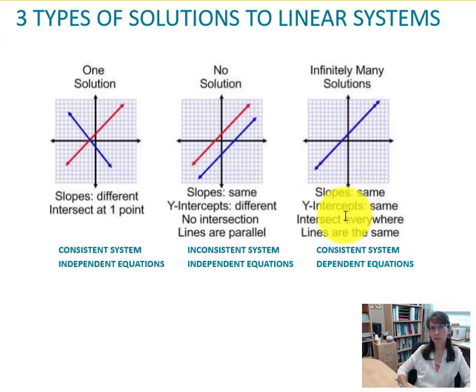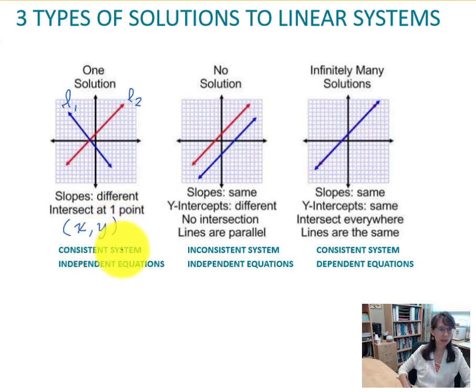Now there are three different types of solutions that could occur with a linear system. We could have line 1 and line 2 intersecting at one place or one ordered pair. So you're going to have some kind of an x and y value at that point of intersection.